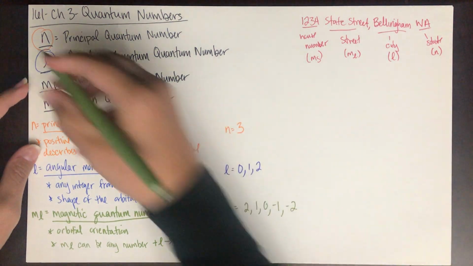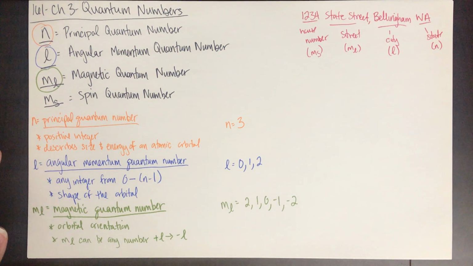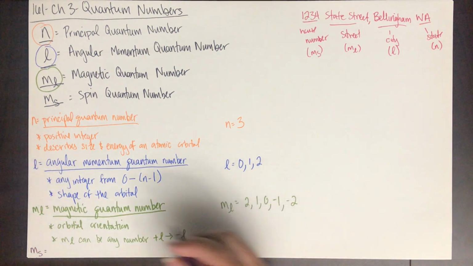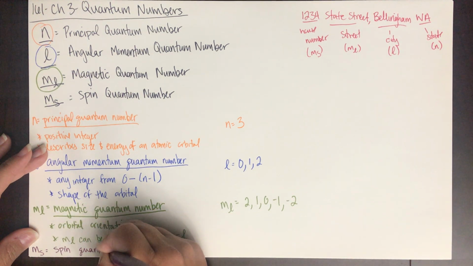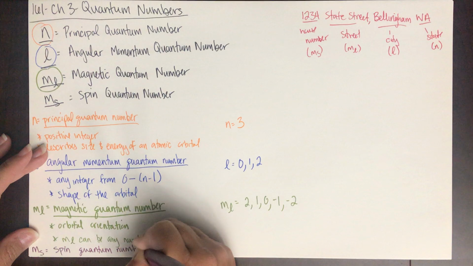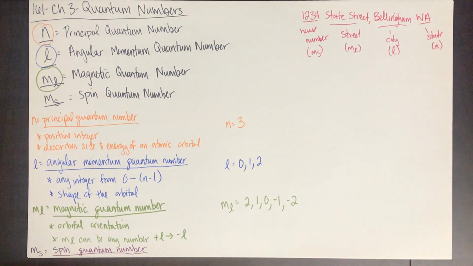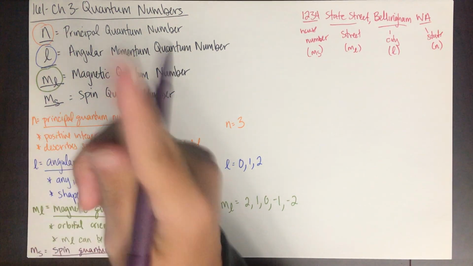Okay, that was M sub L. I'm going to squeeze M sub S in down here at the bottom. M sub S is the spin quantum number. And it tells us the direction that the electron is spinning, either clockwise or counterclockwise.